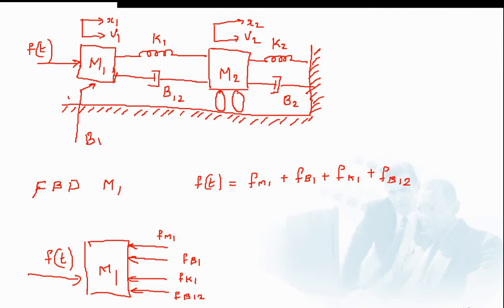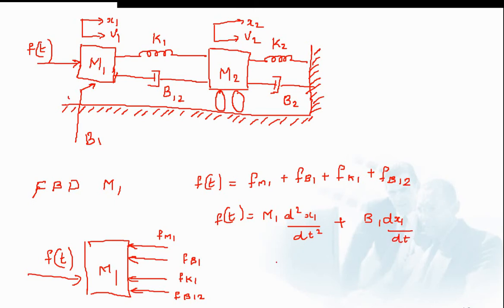Now we can write the differential equation governing this system with respect to mass M1. Our equation will be f of t equal to m1 into d square x1 by dt square plus b1 into dx1 by dt.